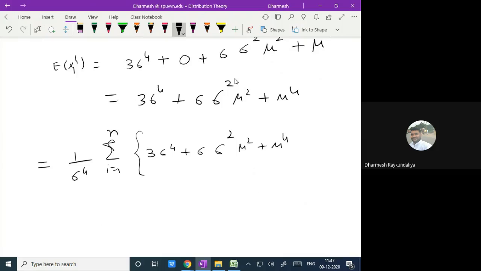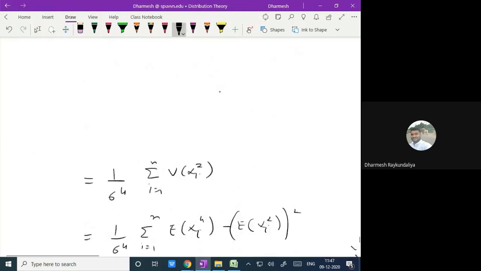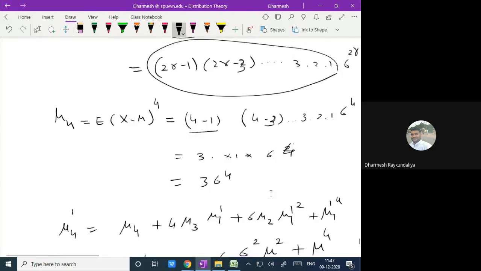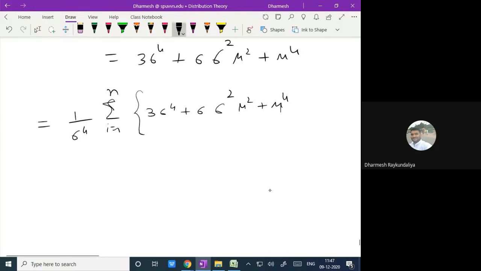And expectation of x square can be written as variance of x plus mean square. Variance of x is sigma square, and mean is mu, but here we have considered the mean as the ith, it is not the constant. It is mu i square.